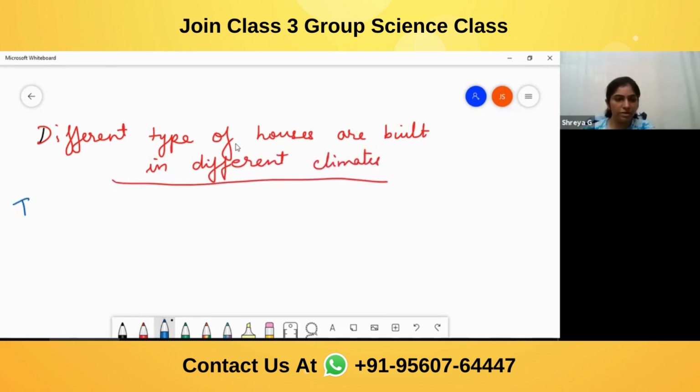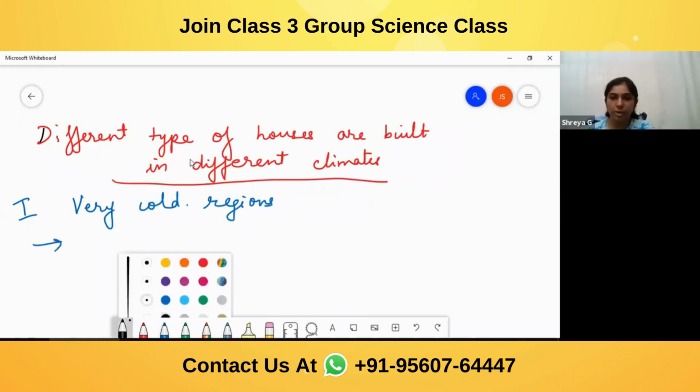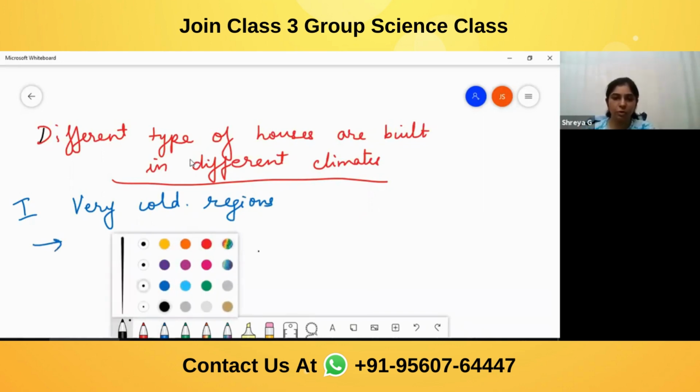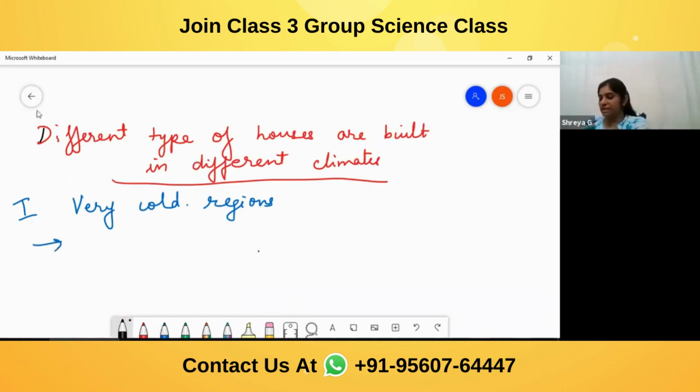Now, in the first we see the very cold regions. Two types, which two types we have seen? Anyone who can tell? In cold one, which two types we have seen?